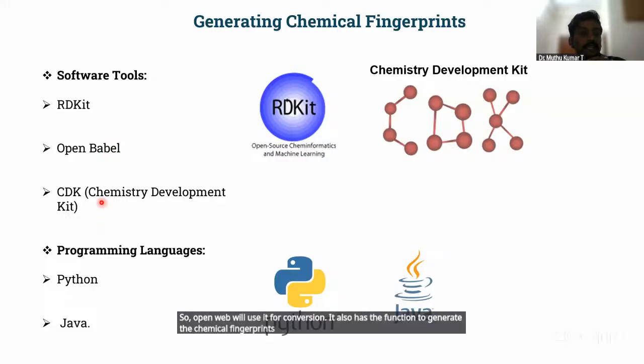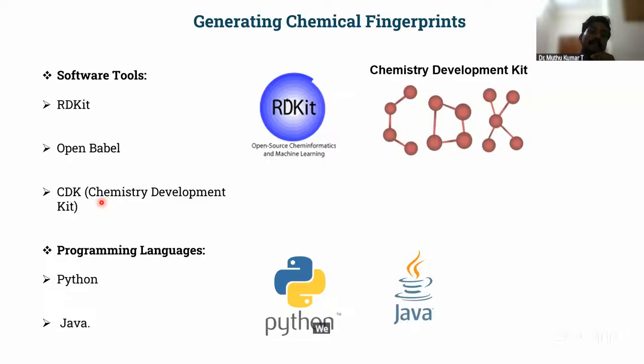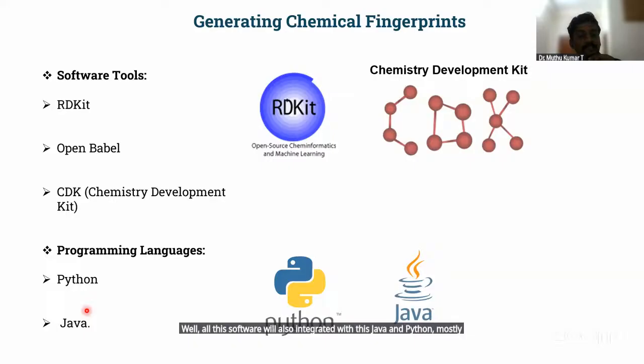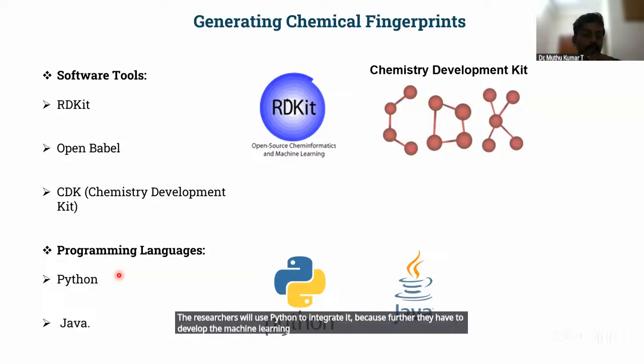And we have CDK, Chemistry Development Kit. It is an online web server where we can input the molecule, and multiple fingerprints we can generate at a time. All this software can also be integrated with Java and Python. Mostly researchers use Python to integrate it, because further they have to develop machine learning models with that particular data.